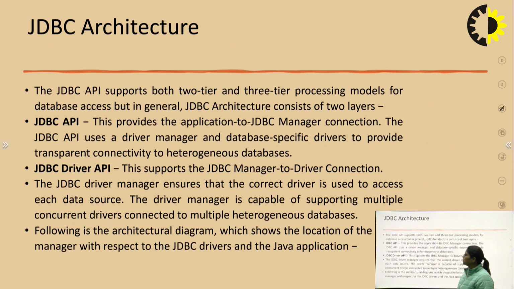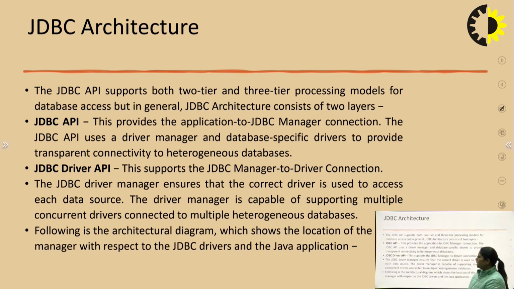Now, how can we create this JDBC architecture, how will the functions be performed, and how can we connect the application with the database? For that we need some architecture. The JDBC API supports both 2-tier and 3-tier architecture models for the database.